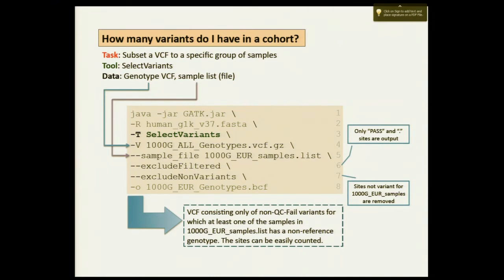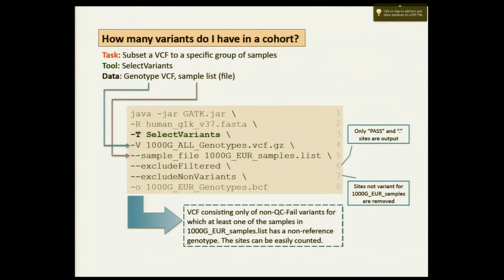Select variants, here's the VCF, and I'm giving this sample file, right? I'm selecting just columns. Here, this lists all of the European samples by their sample IDs in a column, just delimited by new lines. I'm going to exclude all of the variants that are suspect, and I'm going to exclude all of the variants that are monomorphic in Europeans.